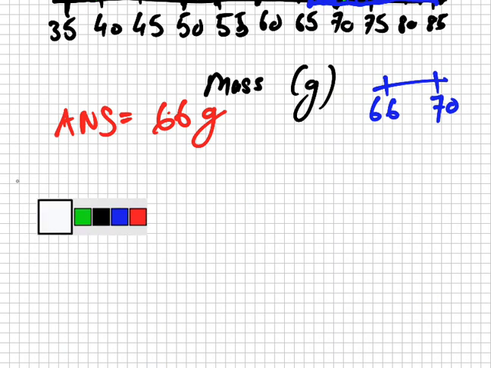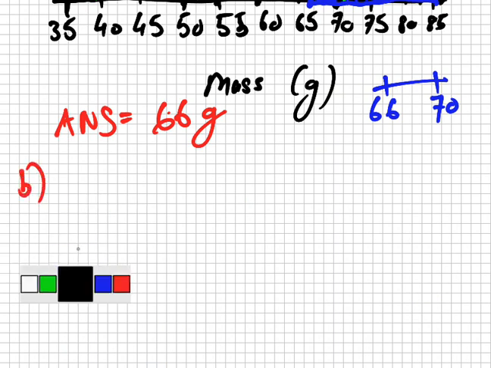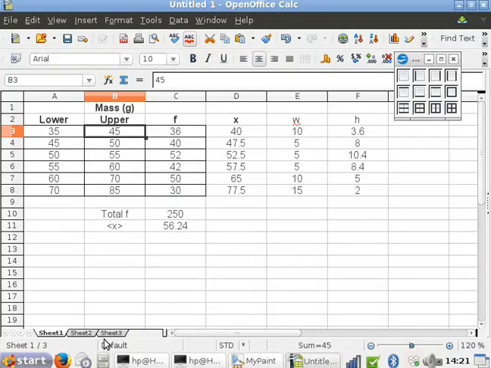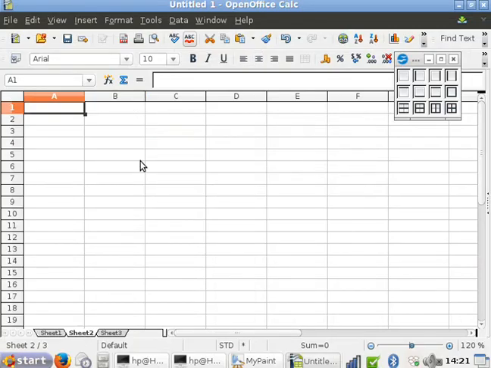So the B part is, I'll go back to my Excel program, new tab, they give you 11 numbers. So here's our data.